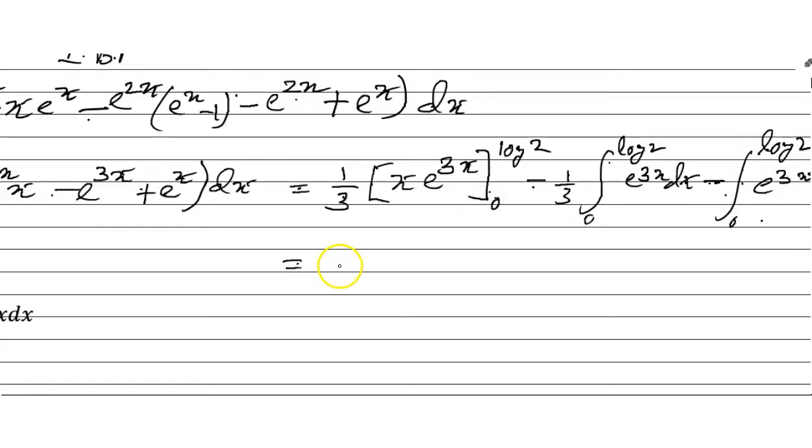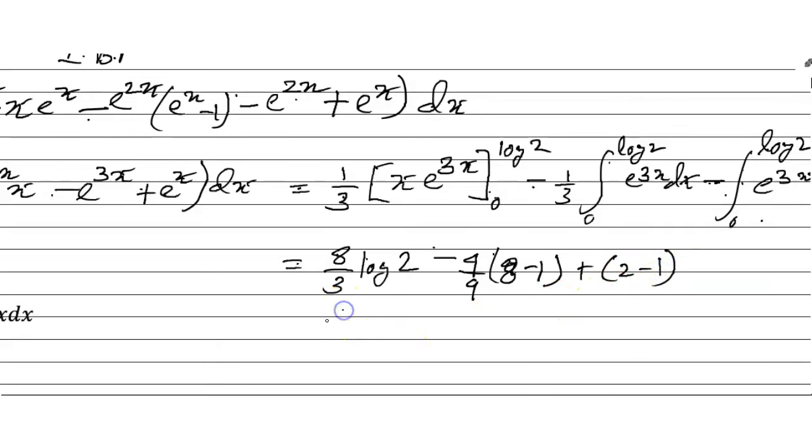So just putting this value, and whatever I get, 8/3 log 2, just by putting in here. So this is 8/3 log 2, 4/9, 8 minus 1 plus 2 minus 1.